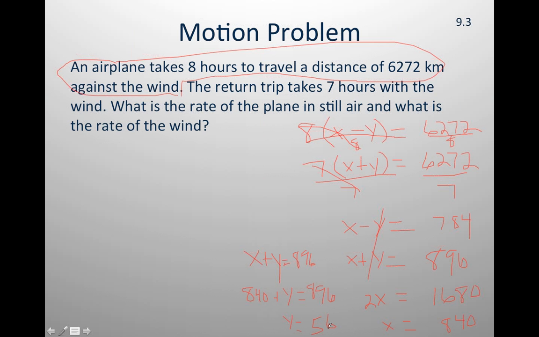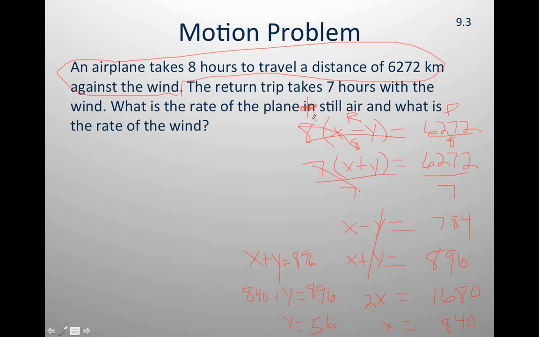Okay, now it is a DTR problem, so we had the time times the rate equals the distance. And in this problem, the time was clearly, I'll put that there, the time was 8 and 7. The rate was the wind and the plane, and then the distance was the 6,272 kilometers.